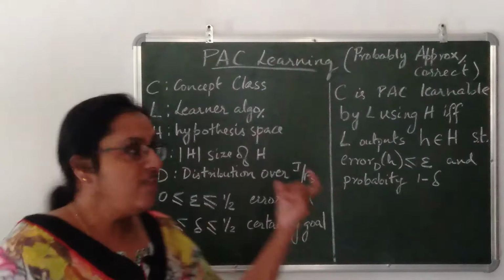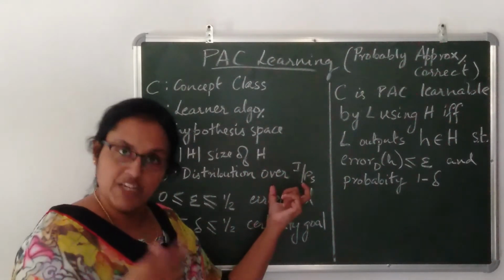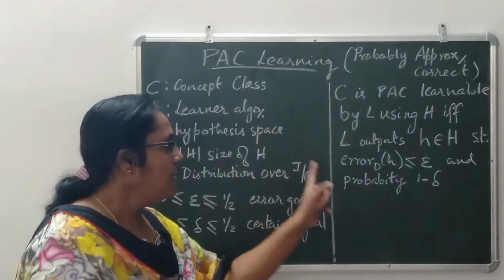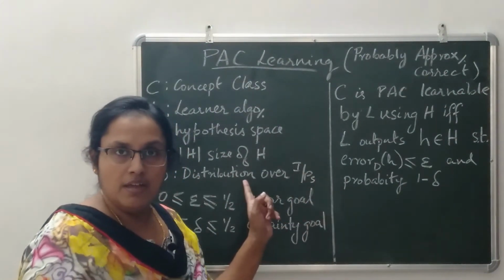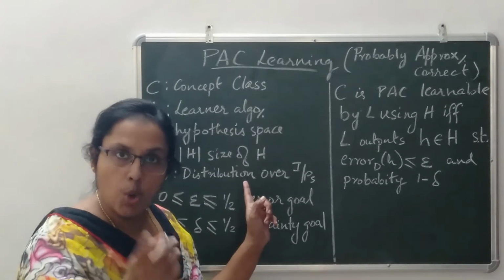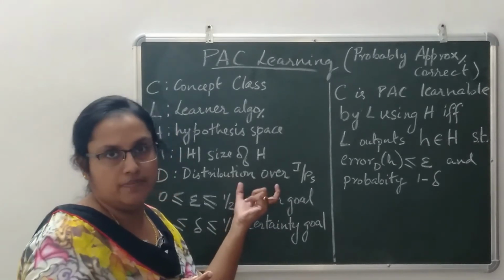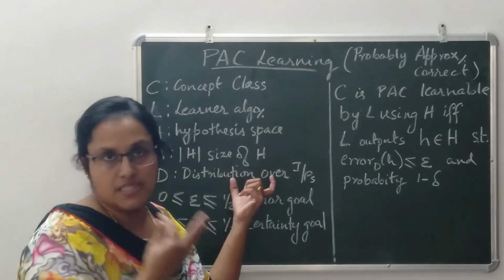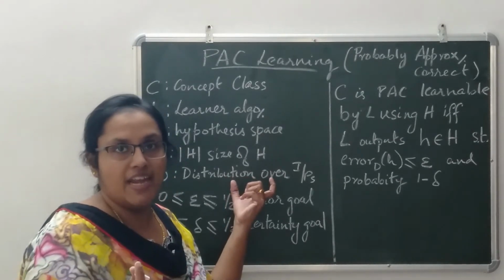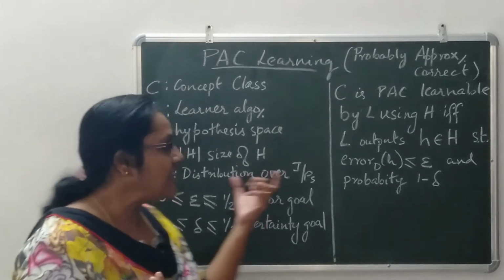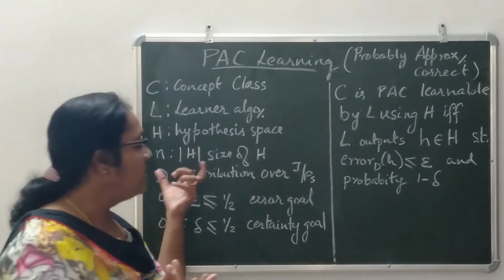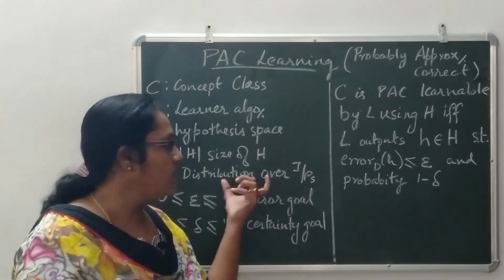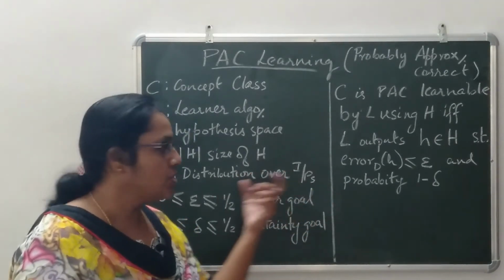So when we are testing the learning ability of a machine learning algorithm, if the training set is within a particular distribution, then my testing set must also be within the same distribution. It cannot be in some other space, or the system will not be able to give an answer correctly. That is why we define this D. It is within this space that the training samples and the testing samples will be taken. That is the distribution D.